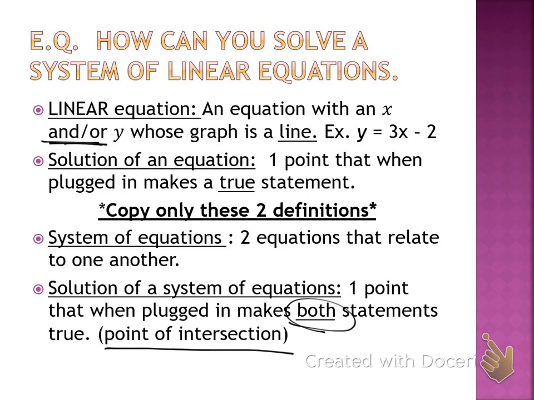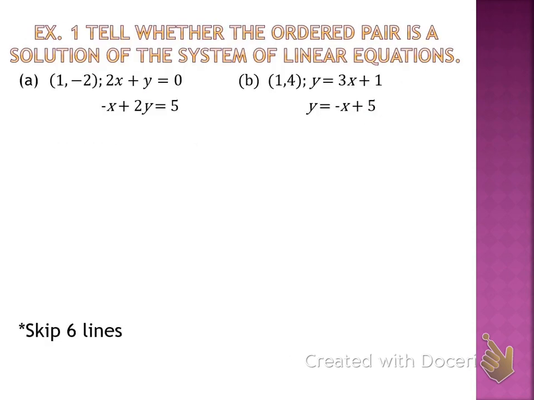So, with all of that being said, let's look at example 1. Now, very simply, it says tell whether the ordered pair is a solution of the system of linear equations. So we're going to plug the point that they've given us into both of our equations. Jenna, what's the point that they've given us to try? Good.